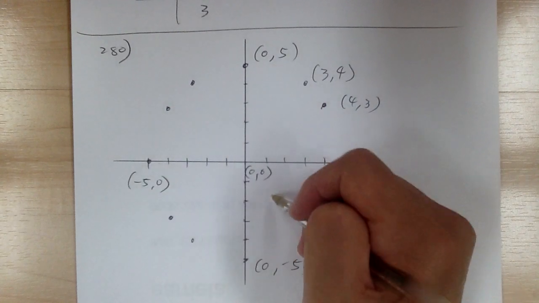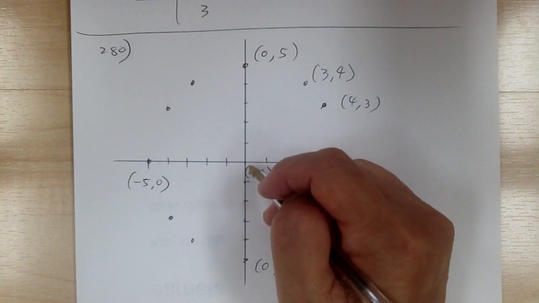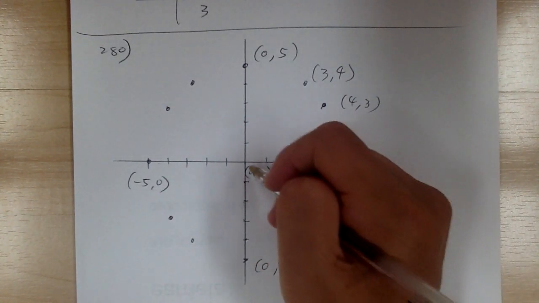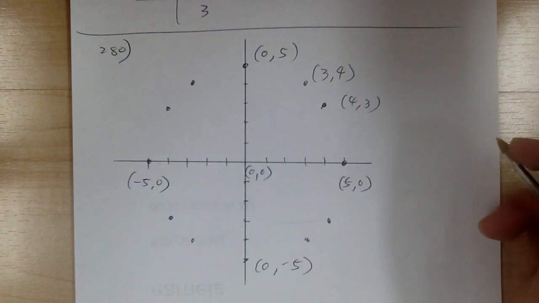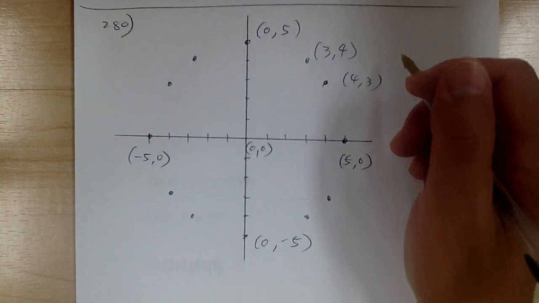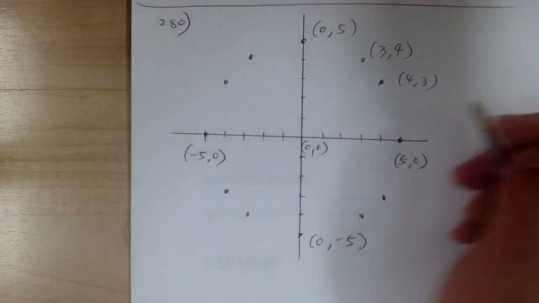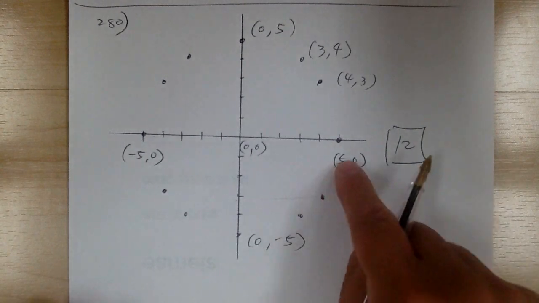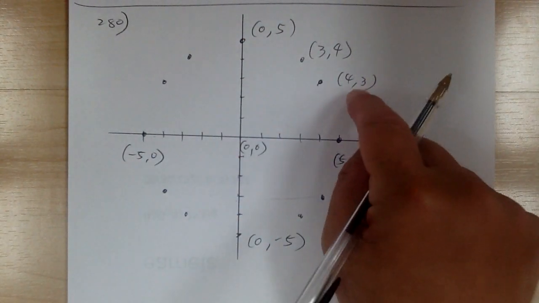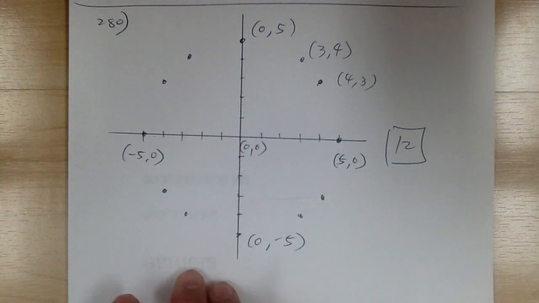So basically using all the 3, 4, 5 triangles. So go 4, 3. If you go 3, you get 4 right over here. And you count the numbers, so there would be 12 dots. So the answer would be 12. There are 12 points with integer coordinates.